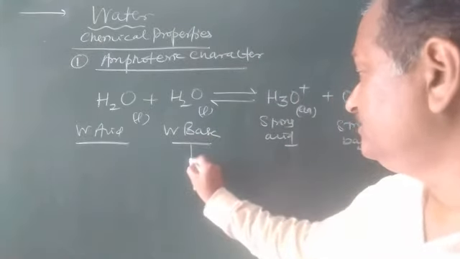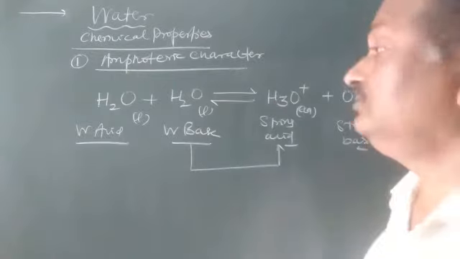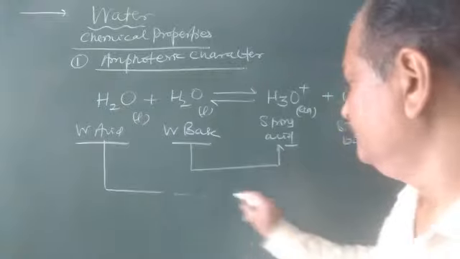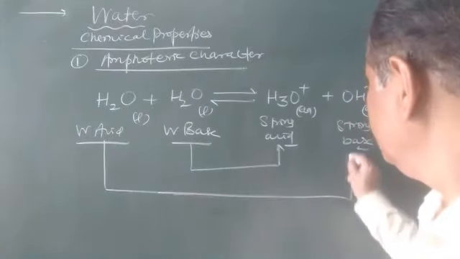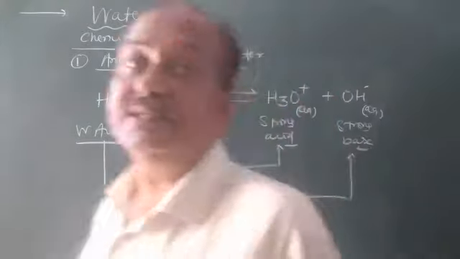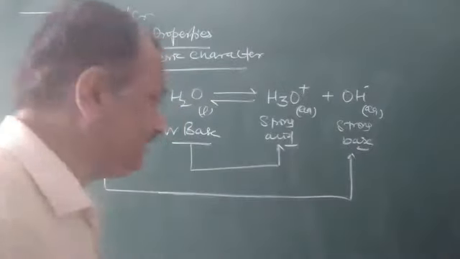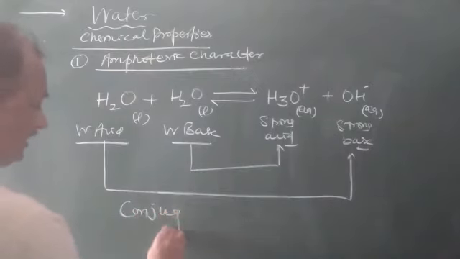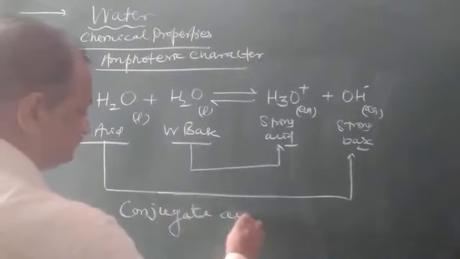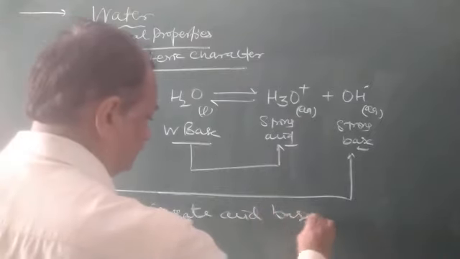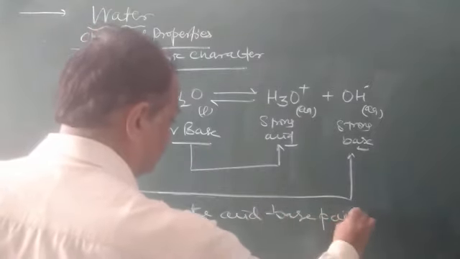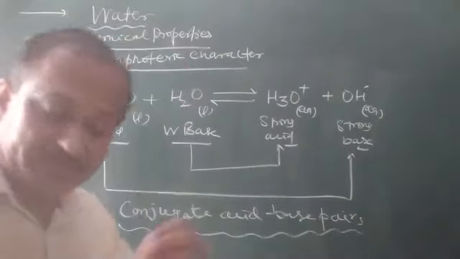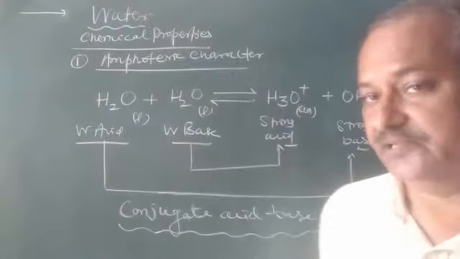The weak base forms a strong acid, and the weak acid forms a strong base. This is the concept of conjugate acid base pairs. This is a very important point.